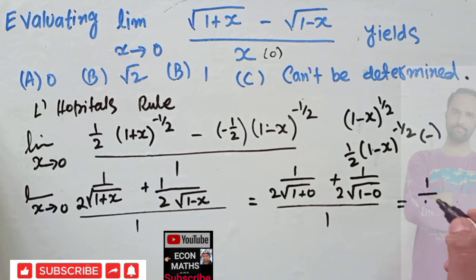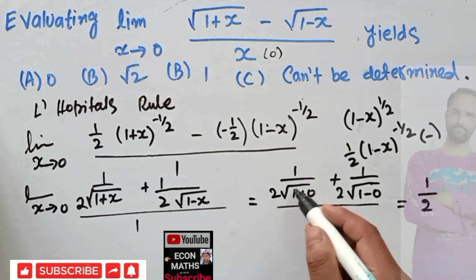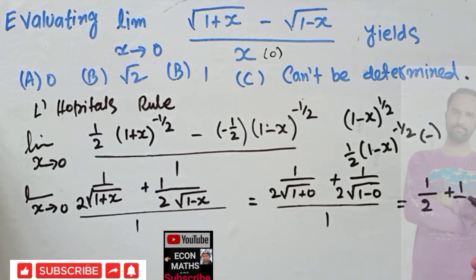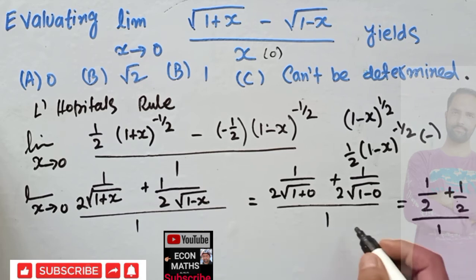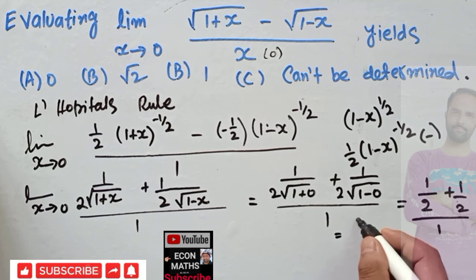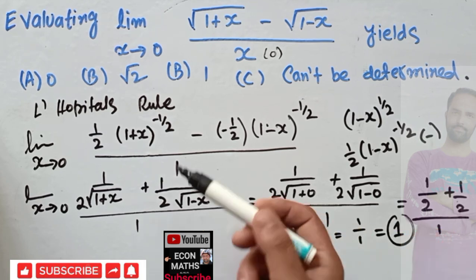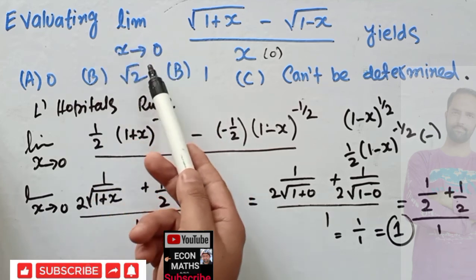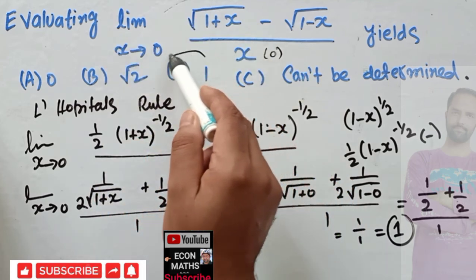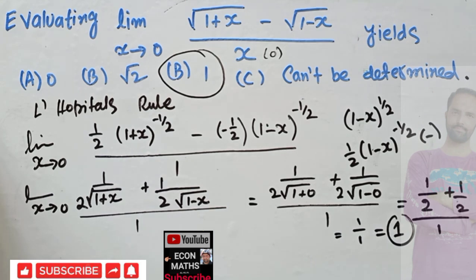So this becomes 1 upon 2. The whole step becomes 1/2 plus 1/2 divided by 1, which is 1. So the limit as x tends to 0 of this function equals 1. We used L'Hopital's rule to get rid of this indeterminate form.